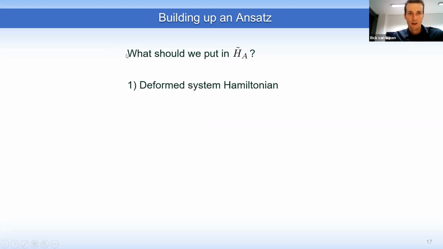So basically, we have 3 ingredients in this entanglement Hamiltonian. The first is we just put the original system Hamiltonian in. So if we were studying a ground state, or if we were studying quench dynamics, we just take this Hamiltonian. Let's say this Hamiltonian was H and it's made up of a sum of other operators, H_i, I can always write it like this.